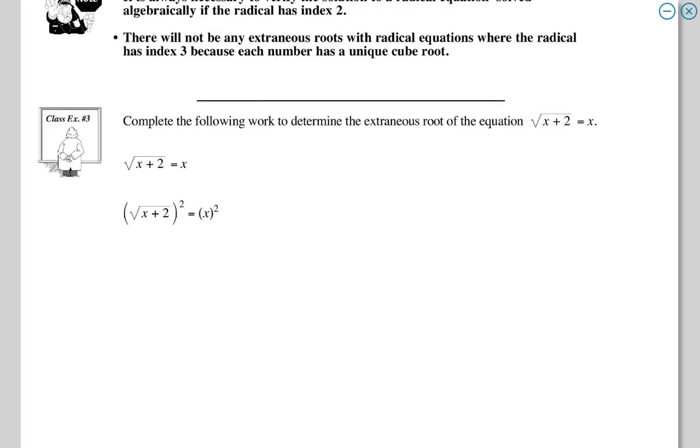Okay, class example 3. The class started with this topic. We're doing restrictions. This would be called solving equations.